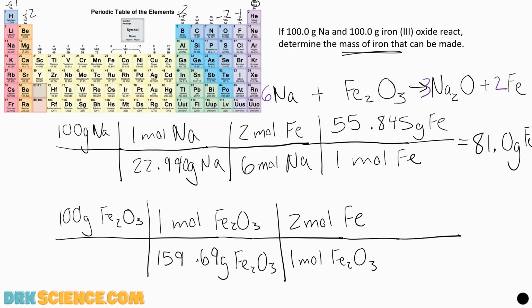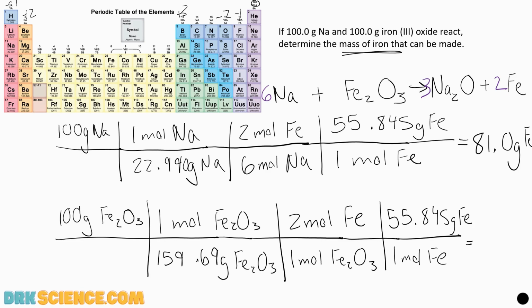Okay, if we stopped right now, we'd be in moles of iron, but we need to go one step further and get it into grams of iron. So we get 55.845 grams of iron, which is just the molar mass of iron. So we're going to do this calculation for iron oxide.